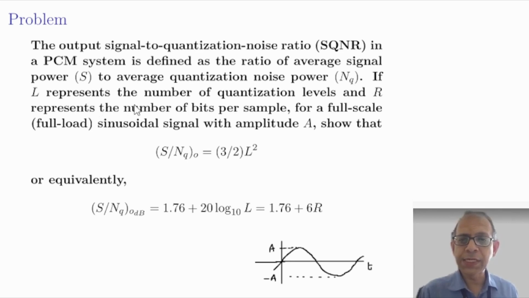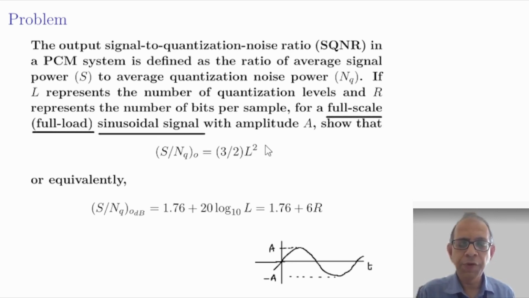If L represents the number of quantization levels and R represents the number of bits per sample for a full scale or full load sinusoidal signal with amplitude A, show that the signal to quantization noise ratio at the output is 3/2 L square or 1.5 L square, or equivalently, when expressed in decibels, the signal to quantization noise ratio is 1.76 plus 20 log L to the base 10 or 1.76 plus 6R, and this is known as the 6 dB rule of PCM.